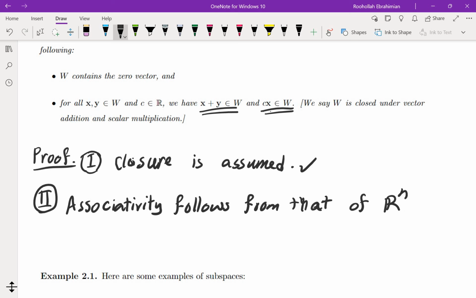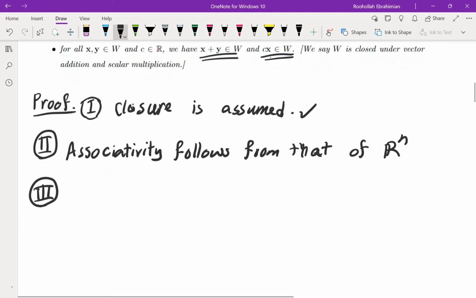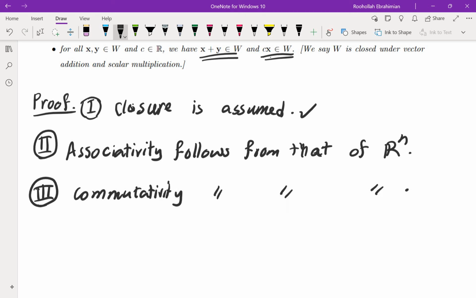So that's the second property. The third property is commutativity. Commutativity means x plus y is equal to y plus x, but that's exactly the same property of Rn. So that also follows from the same property of Rn. So these 2 properties are in fact inherited.